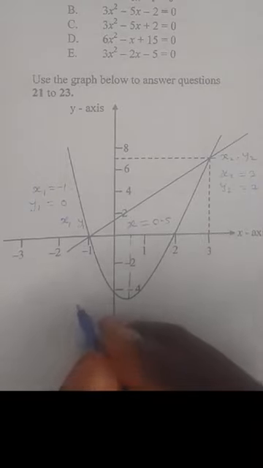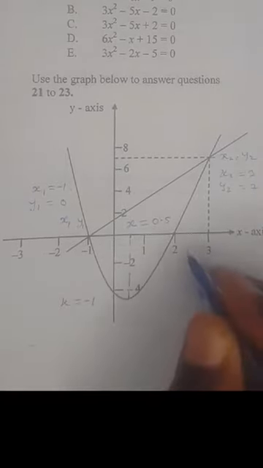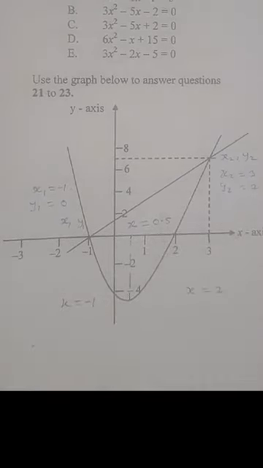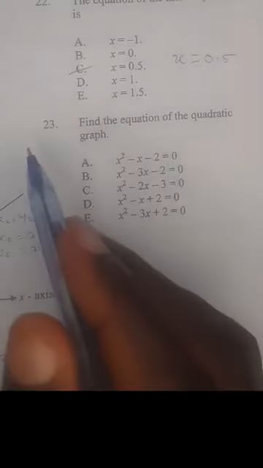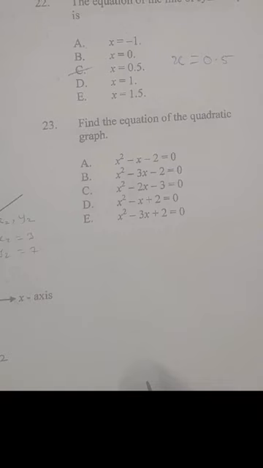At this point my x is equal to -1, and at this side my x is equal to 2. It simply means that the roots of this graph are -1 and 2. So we fall back to question 23 to obtain the equation of the quadratic graph.